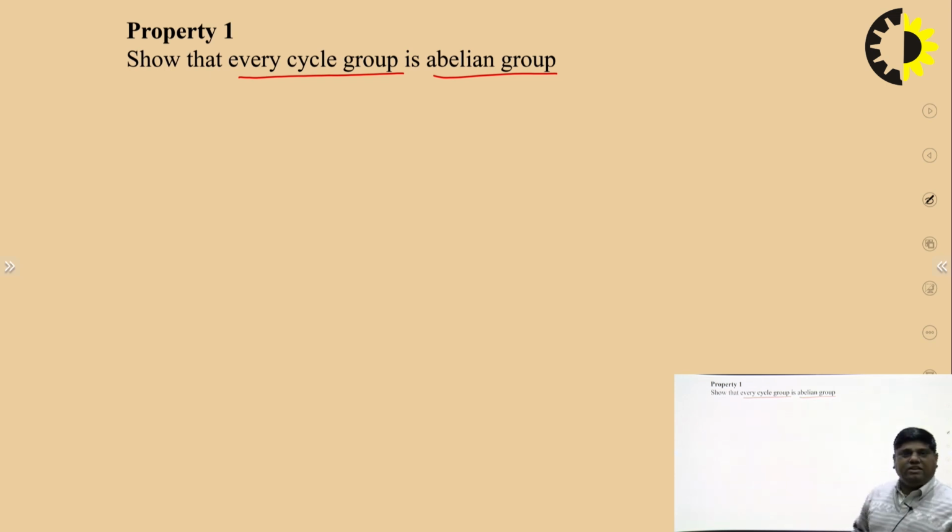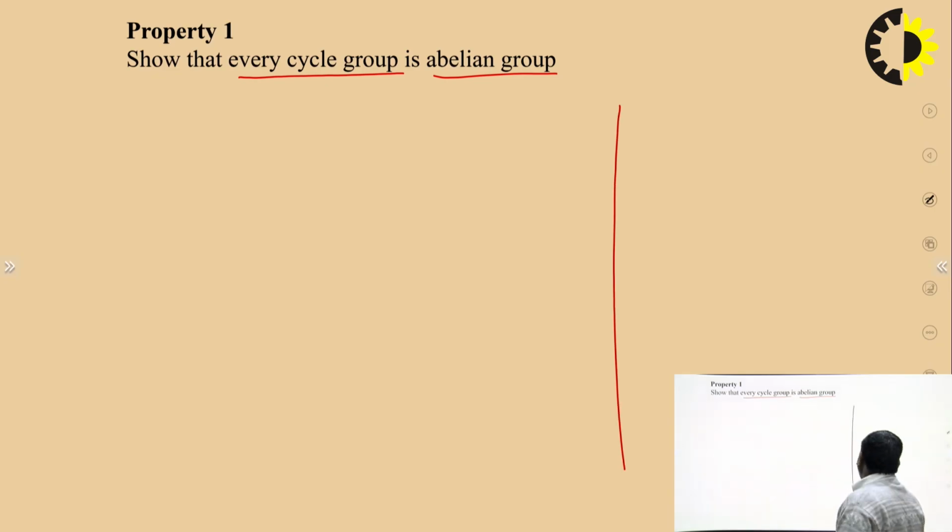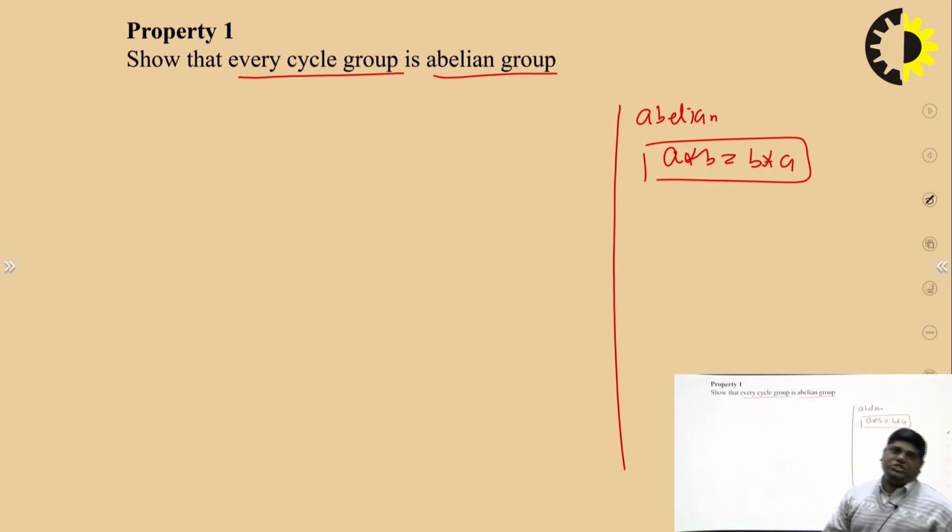First we discuss, then we prove. An abelian group is very simple: if a into b equals b into a for any two elements of a mathematical structure, and it includes all the properties of the group, then we add one extra property, the commutative law, and that group is known as an abelian group.